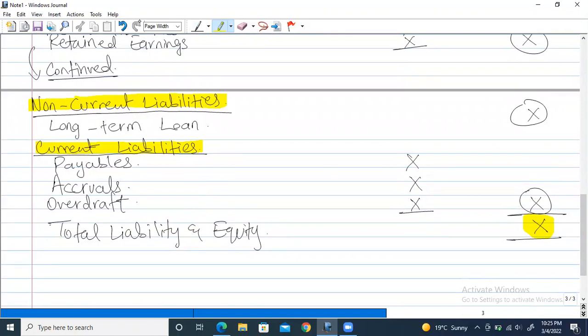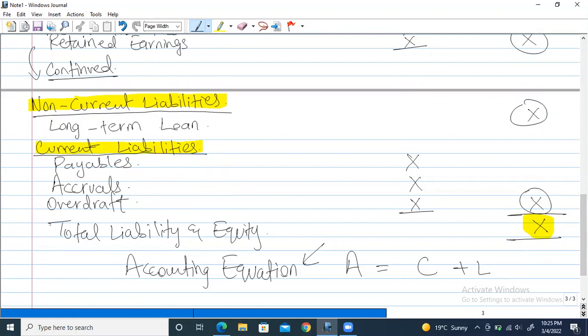This brings me to one concept which I told you at the start that I would connect at the end. That is known as the accounting equation. The good thing is that the statement of financial position is directly based on the concept of the accounting equation. You remember the accounting equation was assets equal capital plus liabilities.